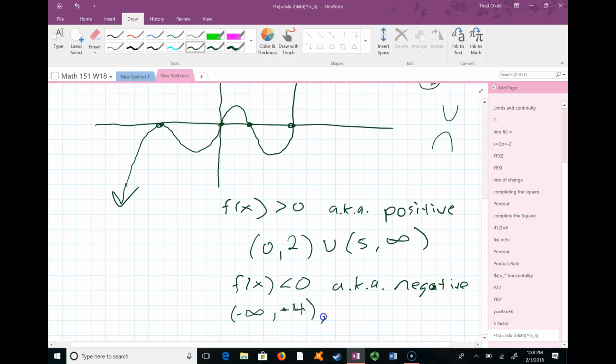Notice I'm putting a soft bracket there because it's actually equal to 0 at negative 4, so that would be a union, and then also from negative 4 to 0, and then another union, and then from 2 to 5.